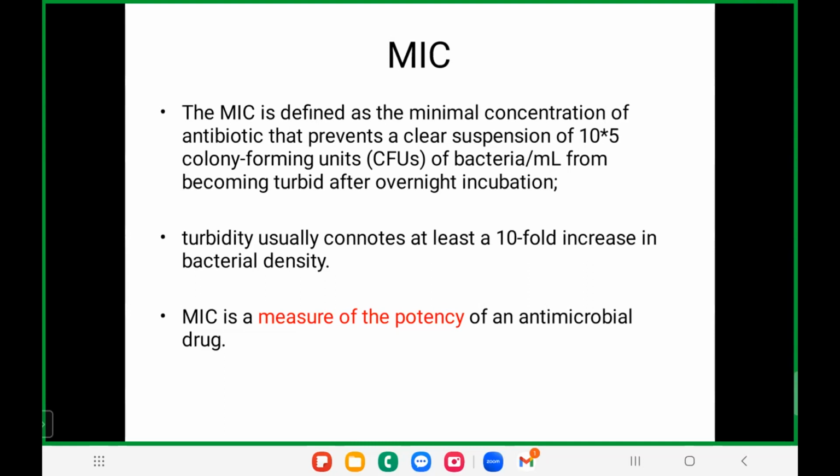A higher MIC means you need to give very high doses of antibiotics, and that much dosing you cannot give without side effects. That's why we call it resistance. MIC is a measure of the potency of the antimicrobial drug. If your MIC is low, your antibiotic is very sensitive. If your MIC is high, your antibiotic is becoming resistant. You cannot achieve a serum concentration matching such high MICs by giving standard doses.